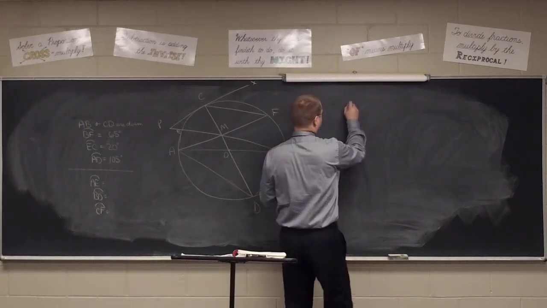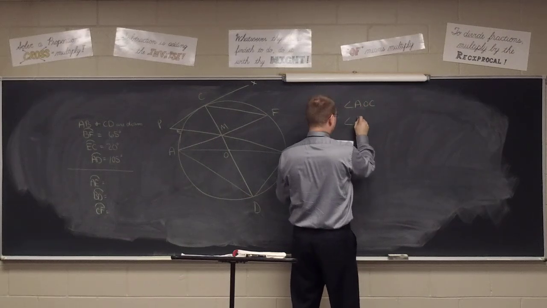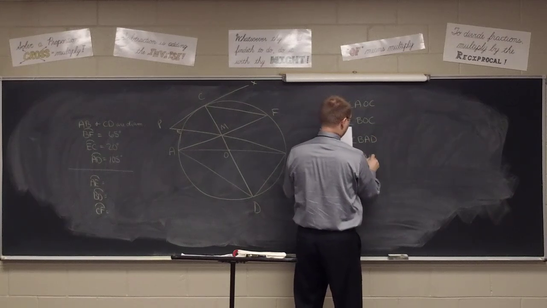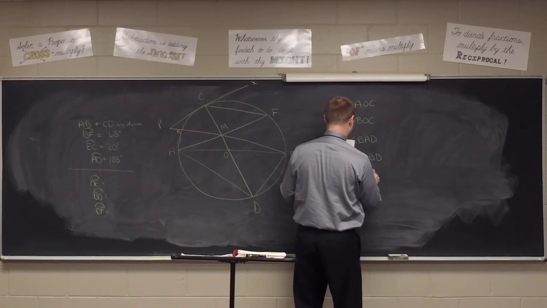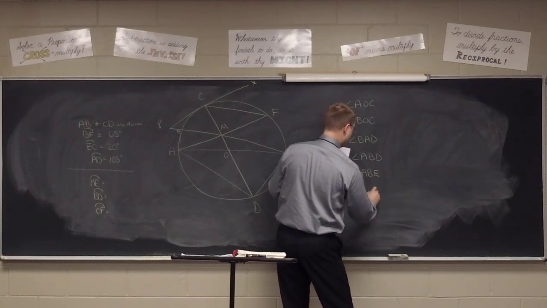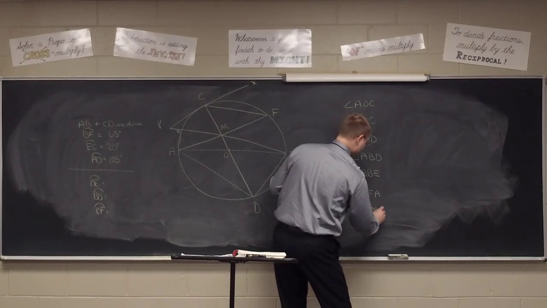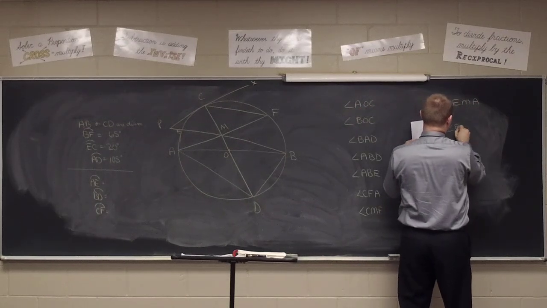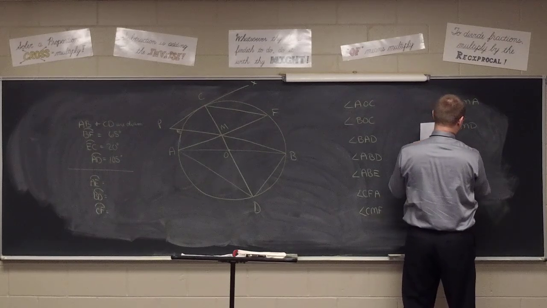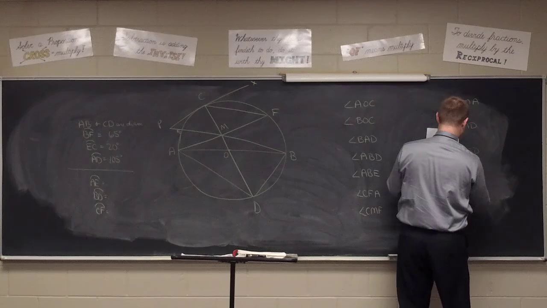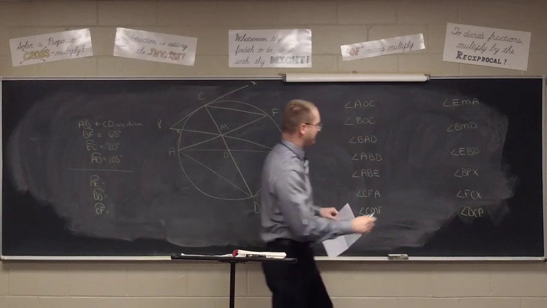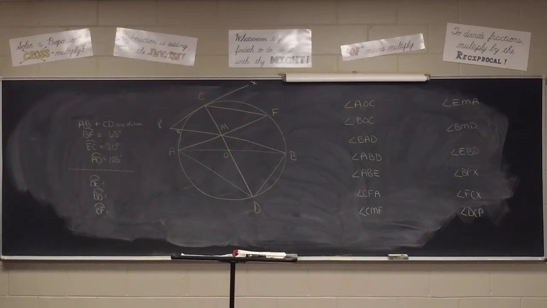Also want you to find the following angles: AOC, BOC, BAD, ABD, ABE, CFA, CMF, EMA, BMD, EBD, BPX, FCX, and DCP. Okay. All right, go. 10 minutes. I know we got plenty of time.